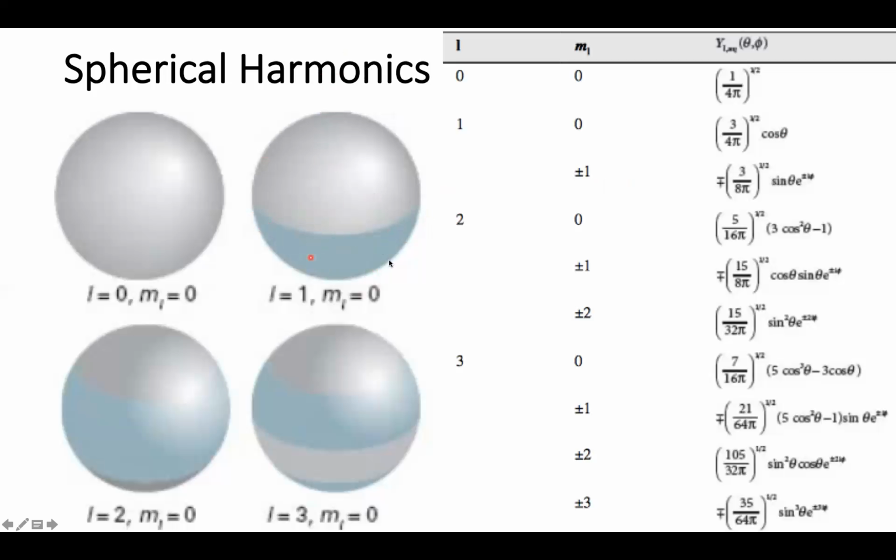So I'm rotating in this direction. And as a result, our node does something kind of fun, because with a sine of theta as the prefactor, this means I have a node right here at the top and bottom, which means I'm not going to find my particle up here at the top or up here at the bottom, which makes sense because it's going to be hard if I'm moving generally in the xy direction to end up too high. So I'm going to spend most of my time around the middle, very little around the top, very little around the bottom.